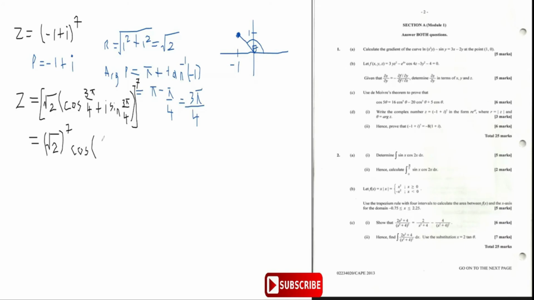I know it is really sad to put that in the calculator, but it happens to the best of us. So it's cos 21 pi over 4 plus i sine 21 pi over 4.